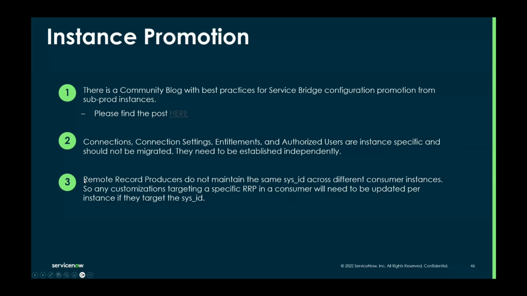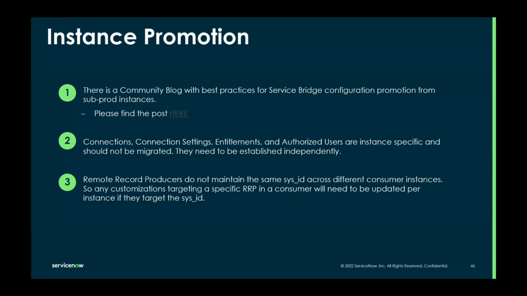One last thing as well is that remote record producers on the consumer instance, today they do not maintain the same sysid. A remote task definition does. Remote record producers, even if you're migrating your configuration on the provider side, when they get published over to the consumer side, will have different sysids.